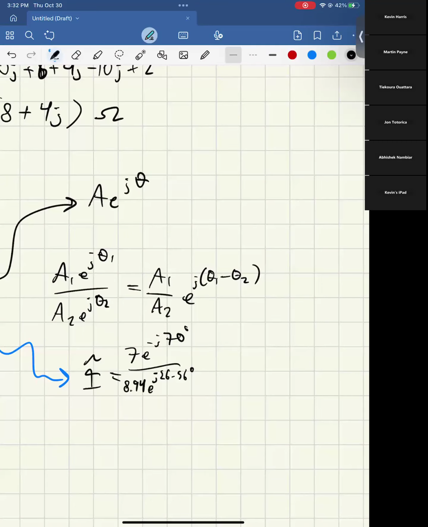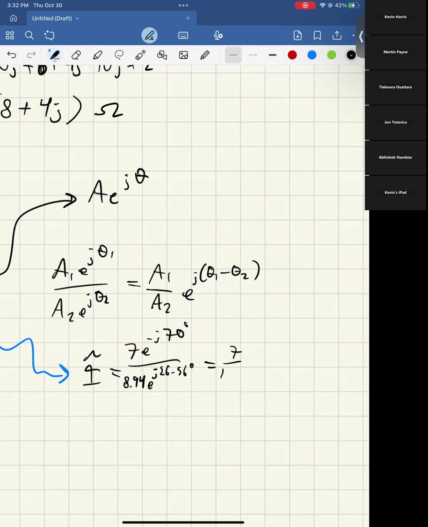Now we're here. As I said before, we evaluate this like so. 7 over 8.94 is going to get us about 0.78. Or I'll write out the intermediate step. We have 7 over 8.94 e to the j, and we have the thing on top, negative 70, minus the thing on the bottom, 26.56.